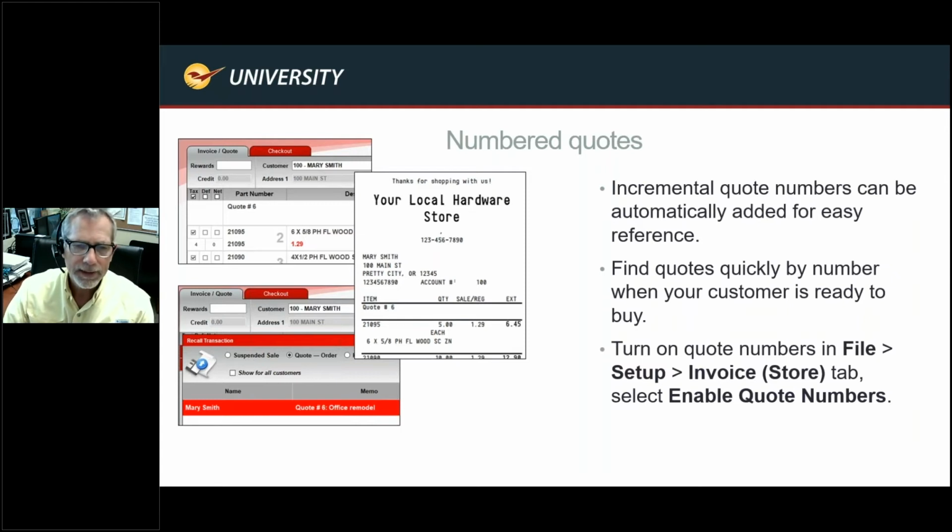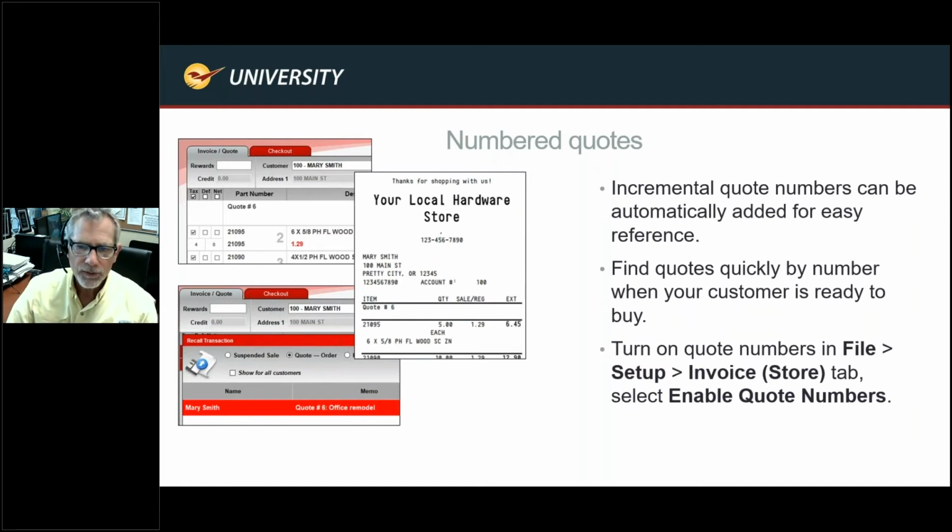Well, this will identify by the quote number, and it will show that quote number both in the memo area of the quote and under recall transaction, and also on the receipt, and also on the invoice where the cashier can see it as well. So it just keeps running these incremental quote numbers. They are added automatically when you activate this feature.